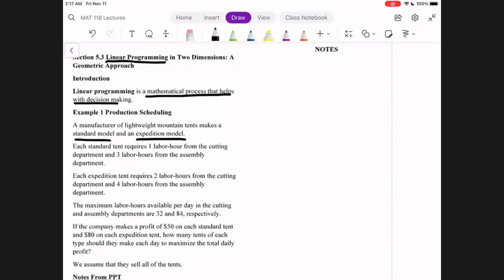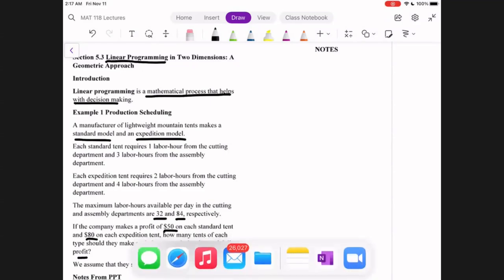The max labor hours for cutting is 32, and for assembly is 84. If the company makes a profit of $50 for each standard tent and $80 for each expedition tent, how many tents of each type should we make to maximize the total profit?